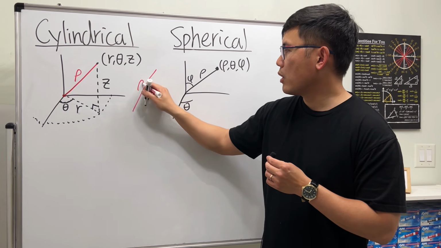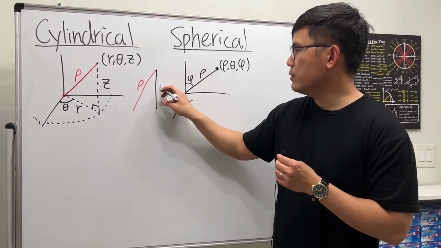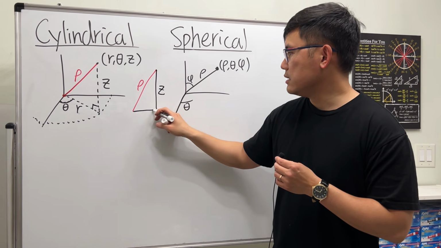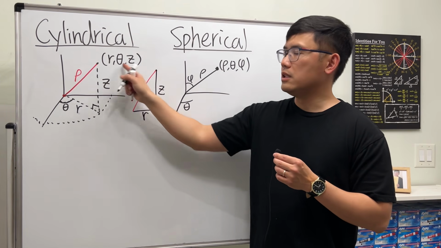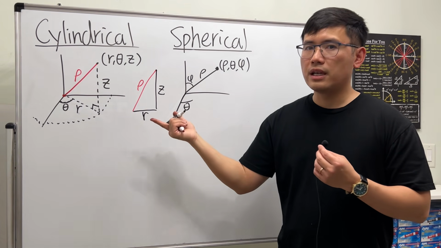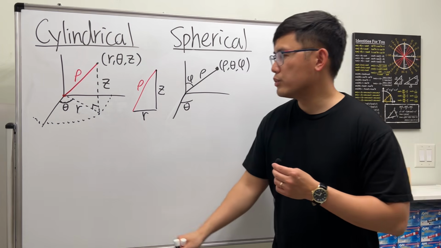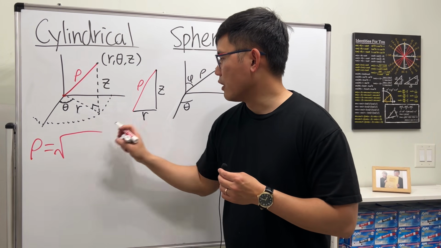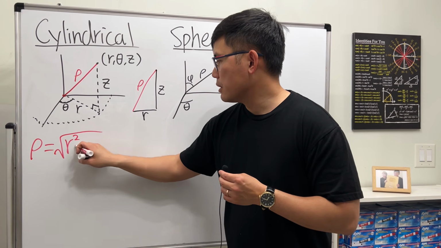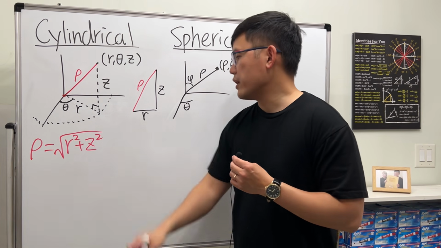Here is the rho, and here is the z value, and then the base is the r. Notice this time we have r and z given, so we can just use the Pythagorean theorem and take the positive square root and say rho equals the positive square root of r squared plus z squared.